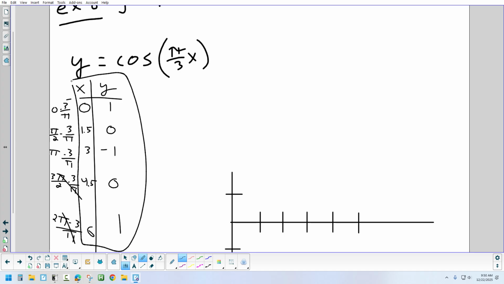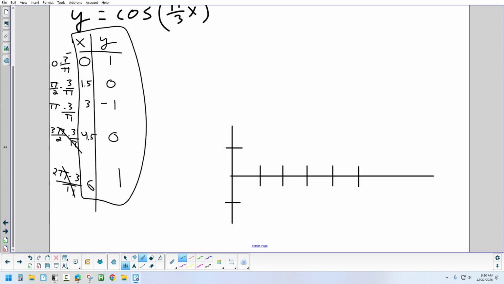This is going to be the first one and the only one that doesn't have pi on the x-axis. So this time, I'm going to use 1s on both axes. If I don't want to put labels, that's fine. So I'm going to graph 0, 1; 1.5, 0; 3, -1; 4.5, 0; 6, 1.